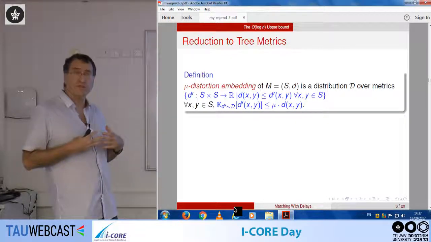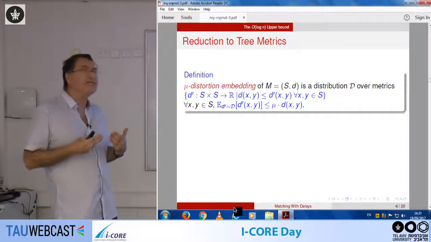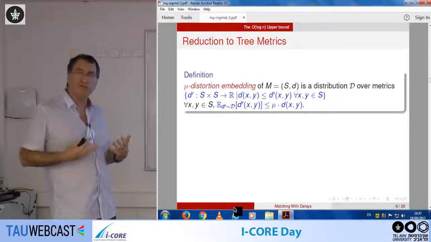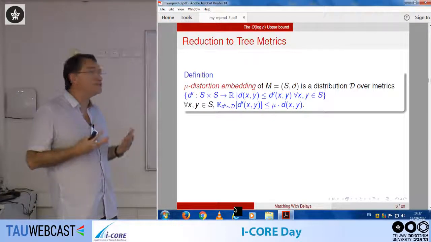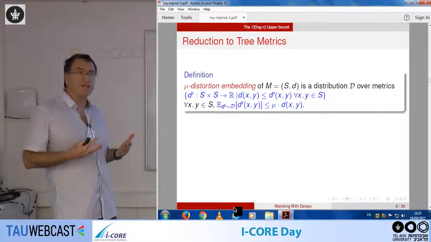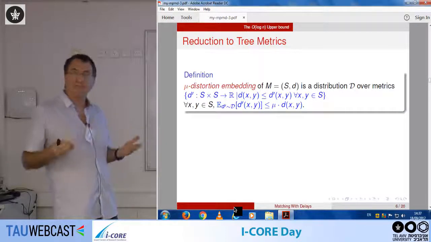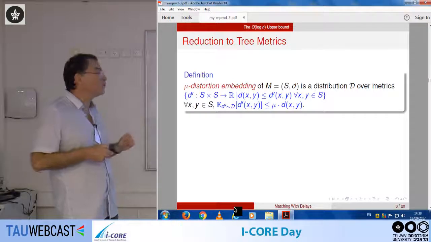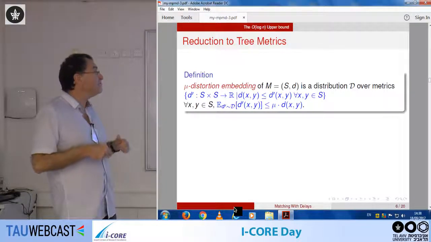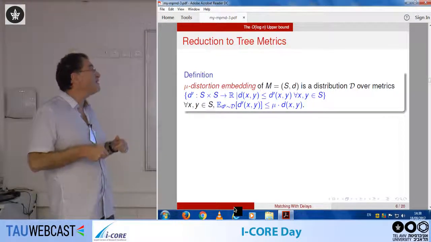For that, I first of all want to remind you about embedding. Instead of looking at a general metric space, there is a simple reduction that shows that you can only look at trees, actually distributions over trees, and lose a factor of log n, or more precisely, an embedding of one metric space into another.